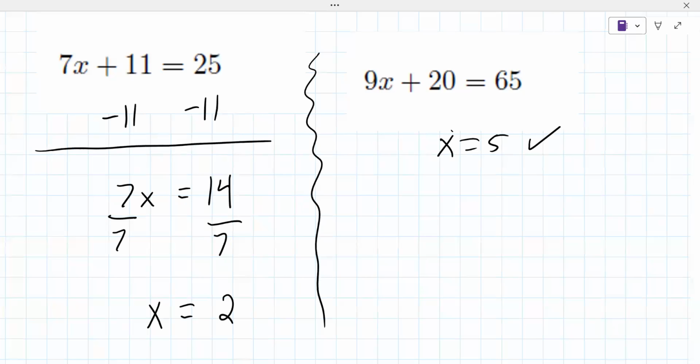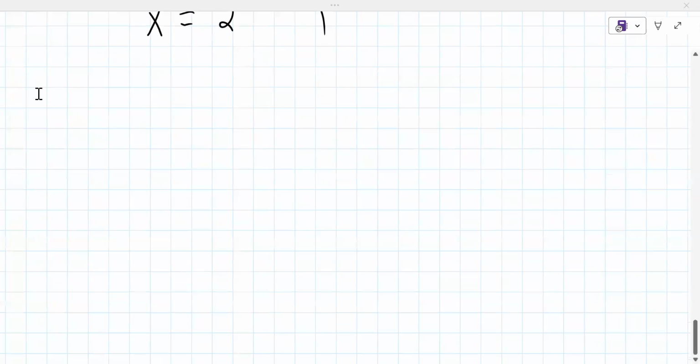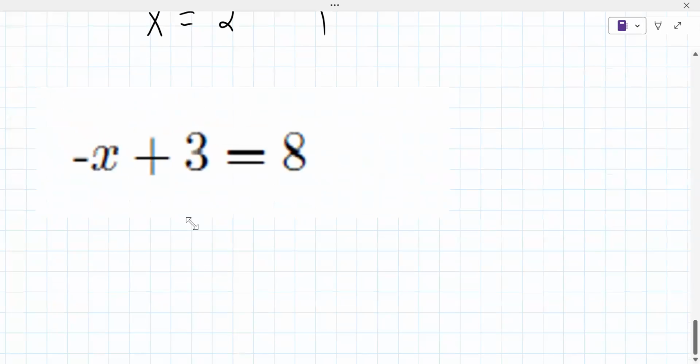Okay. So we're going to move to a new style of problem here. This is the first area where maybe there's going to be a little bit of challenge. I'm not sure. So this problem here: negative x plus 3 equals 8. Do you know what it means when there's a negative in front of the x? Like what number is that represented there? -1. Okay, so you know this, that's great.